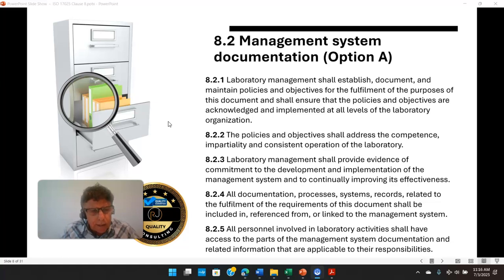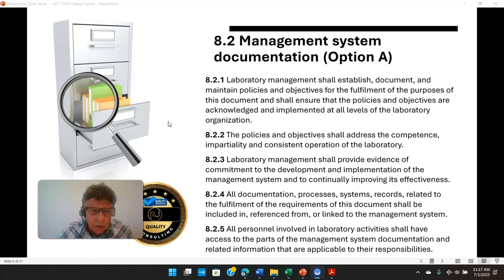And that basically means that, for example, if you had a quality manual that links to your policies and procedures, that would be appropriately linking to the management system. So it would be a good idea to have a quality manual that points to policies and procedures. Now, in the 2017 version of ISO 17025, there is no technical requirement for a quality manual.